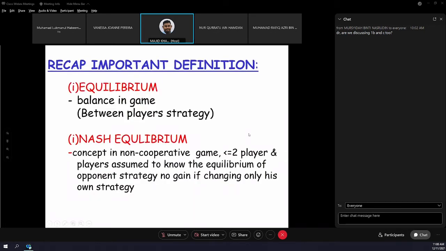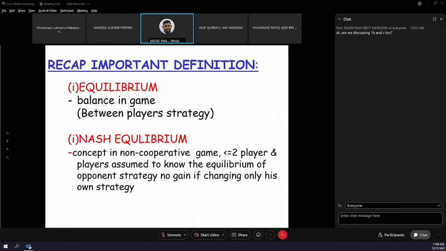So before that, we need to recap an important definition. Equilibrium means balance in a game between the players' strategies, whichever way we have the balance in the game. We call that equilibrium in pure games, developed by John von Neumann.